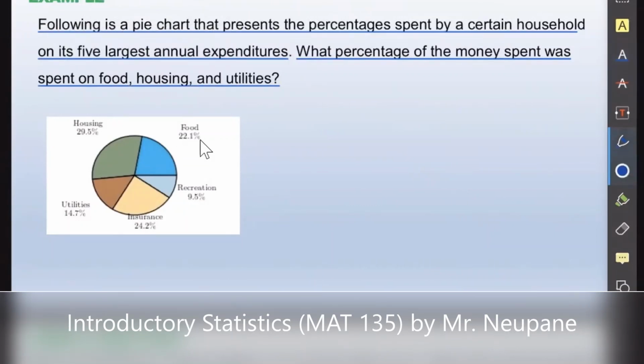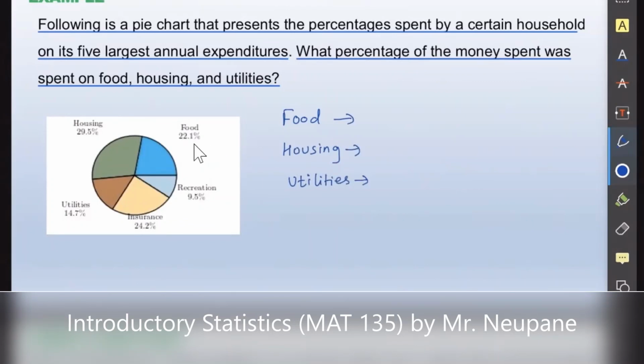So it is just reading the graph. You have to write what is spent on food, what is spent on housing, and what is spent on utilities. This is just reading the pie diagram.